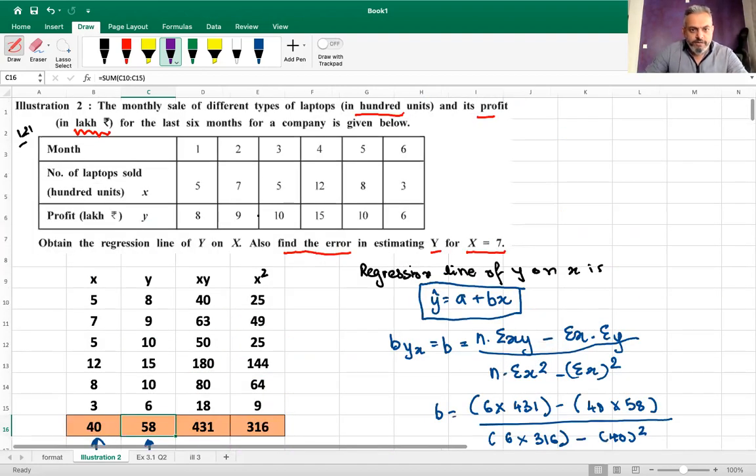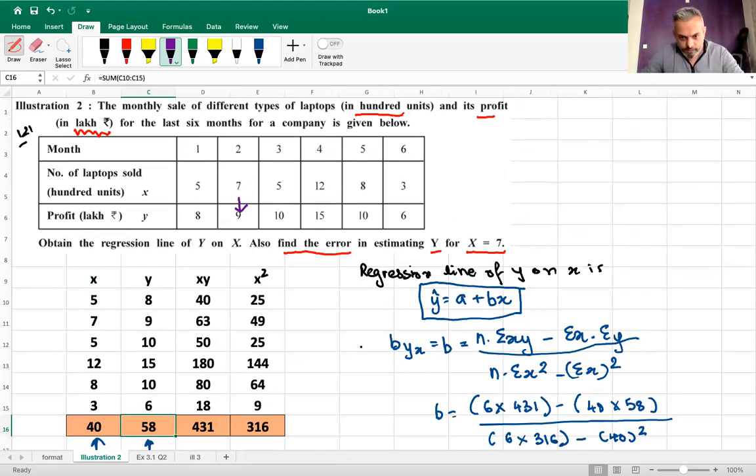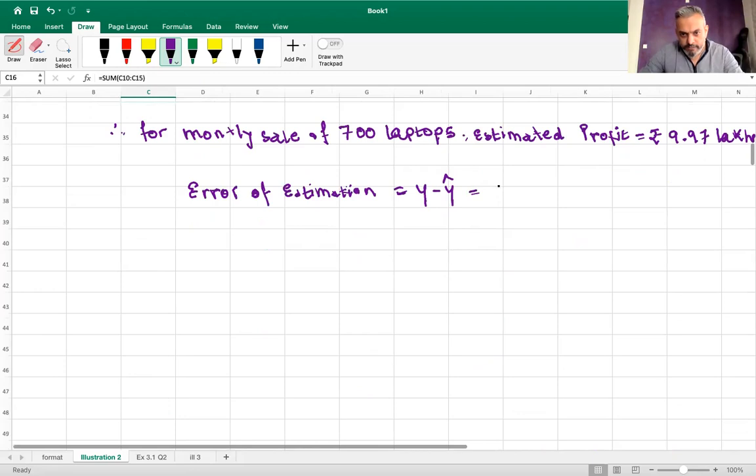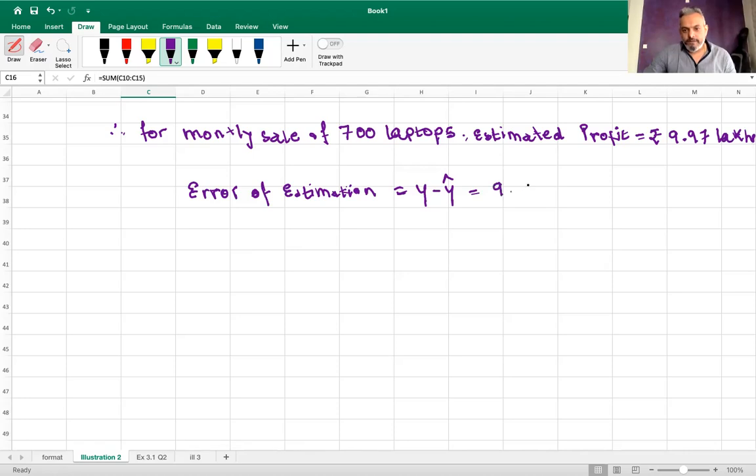When we sold 700 laptops, the actual profit was 9 lakhs. So it is equal to 9 minus 9.97, which is equal to negative 0.97.